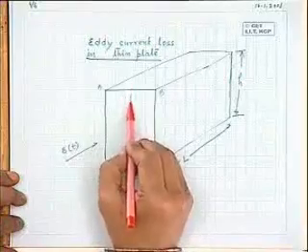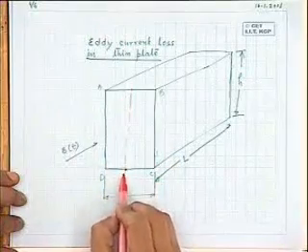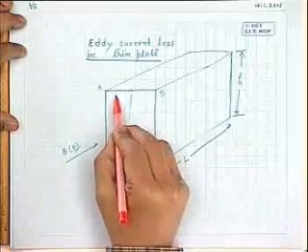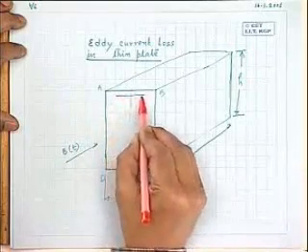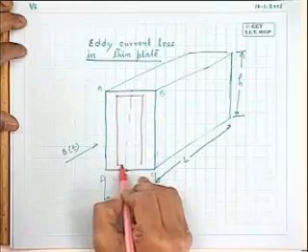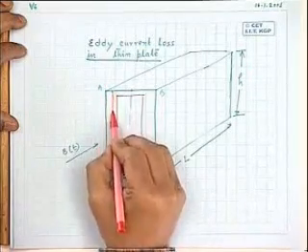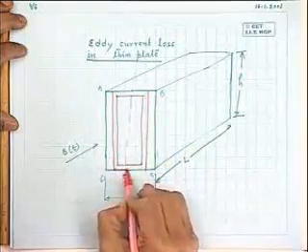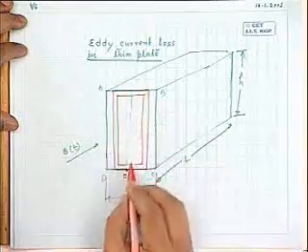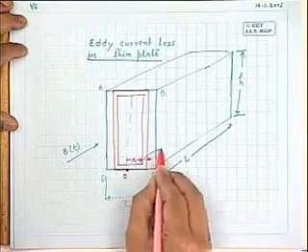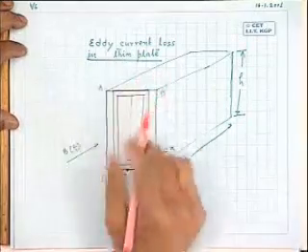Then, on what factors does it depend? That is the idea. To calculate the expression for eddy current loss, you find the midpoint of this plate, call it 0, and consider a small path like this, at a distance x with thickness dx.